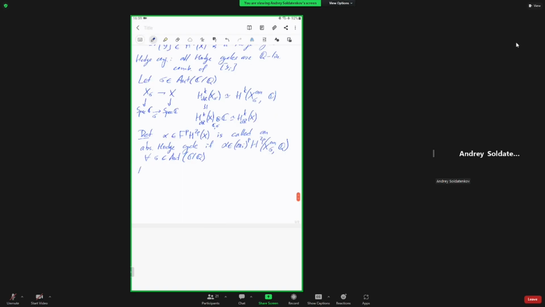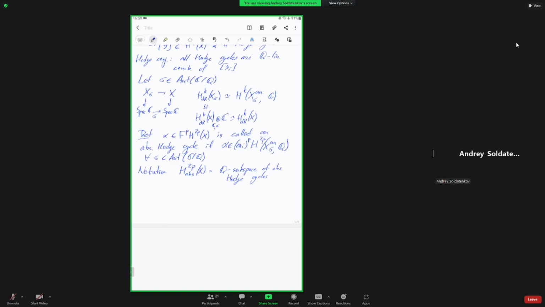I will denote this space of absolute Hodge cycles like this. It's a Q-subspace of absolute Hodge cycles.